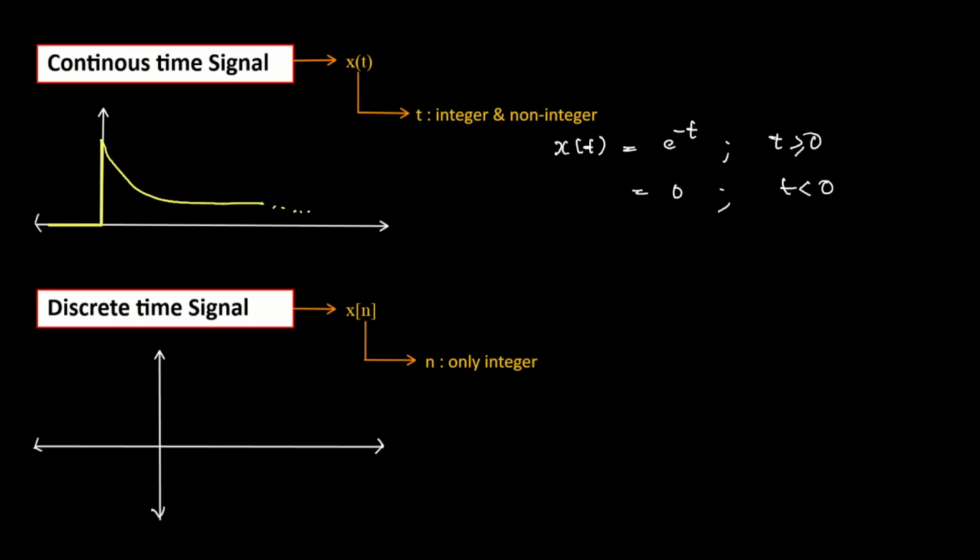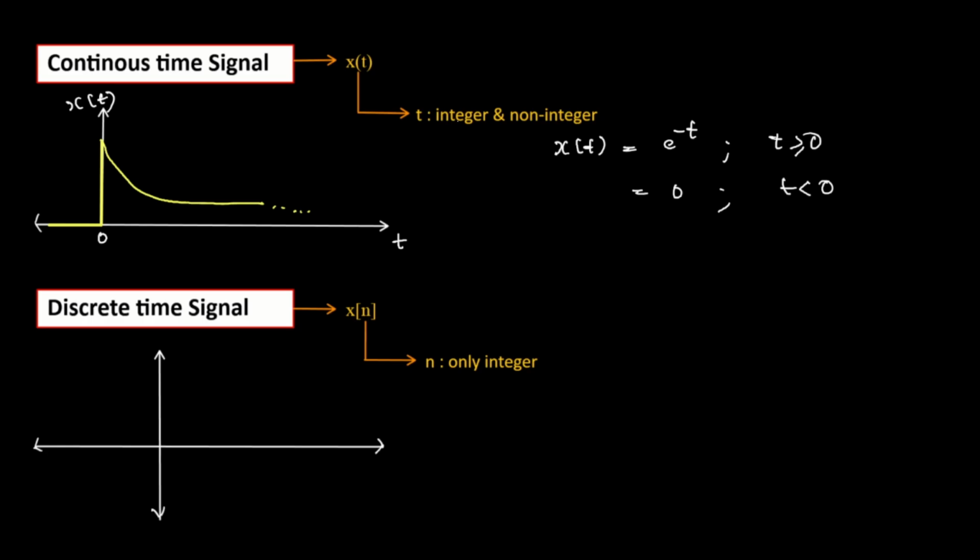Here you can see this will be my x of t, and this will be my t. For t at 0 and greater than 0, I am having the signal, and for t less than 0 I am having 0.